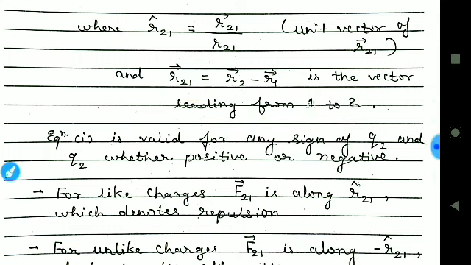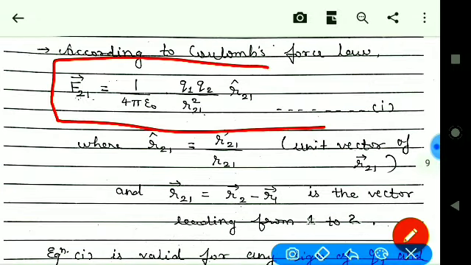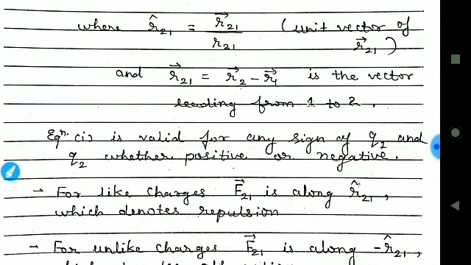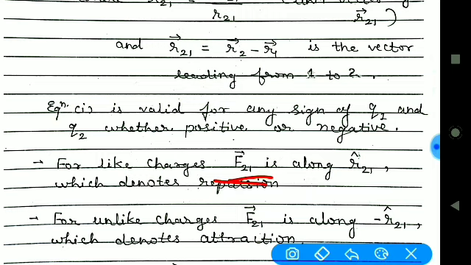Equation 1, that is this, is for like charges, and so the direction of the force is given by unit vector R21.